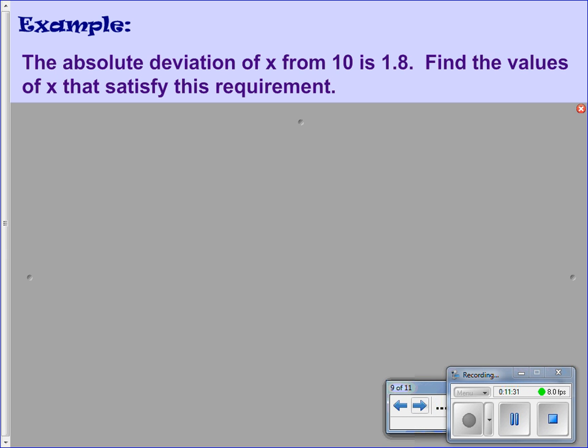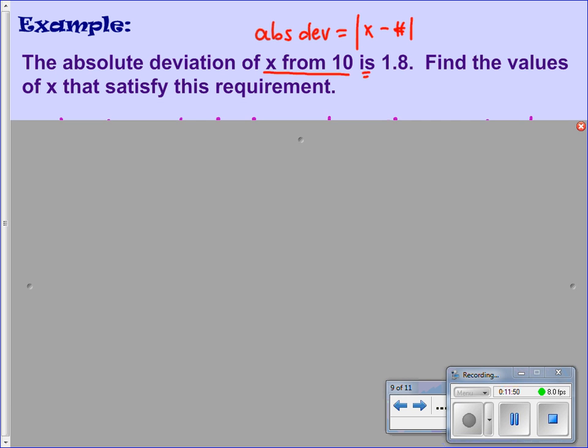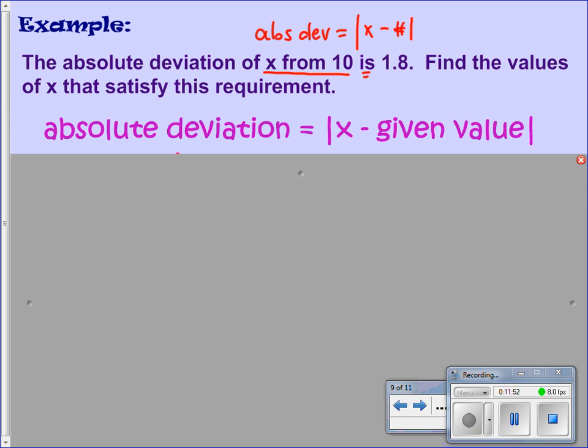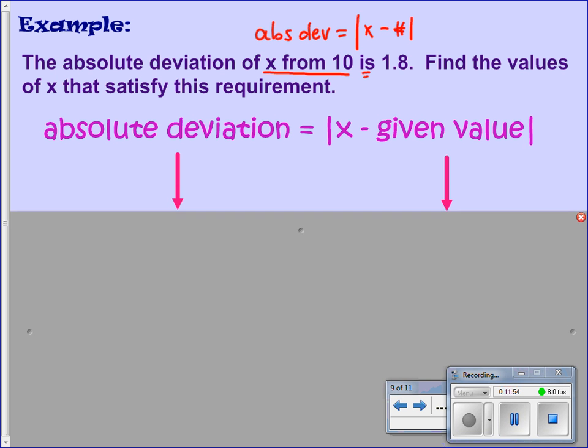Now, absolute deviation. Remember, this is the formula we said you needed to remember. The absolute deviation equals the absolute value of x minus the number. So the absolute deviation of x from 10 is 1.8. Find the values of x that satisfy this requirement. There's your formula again.